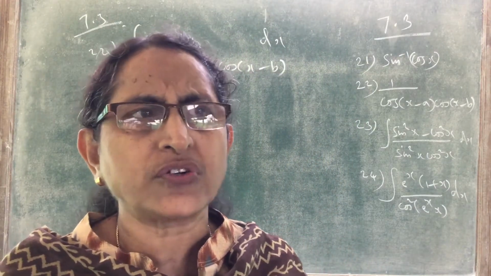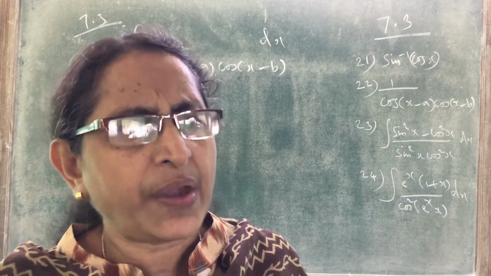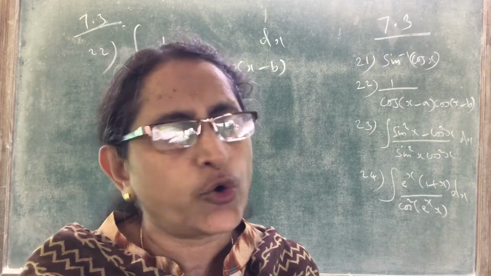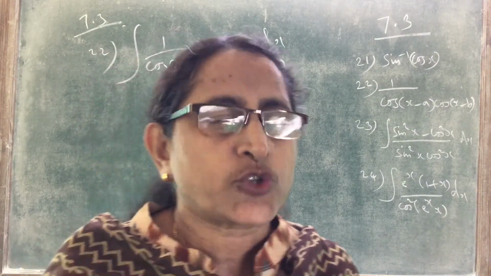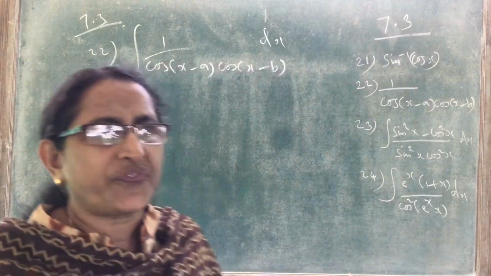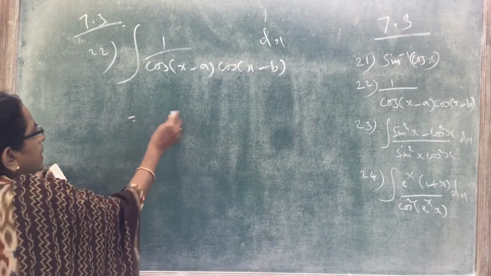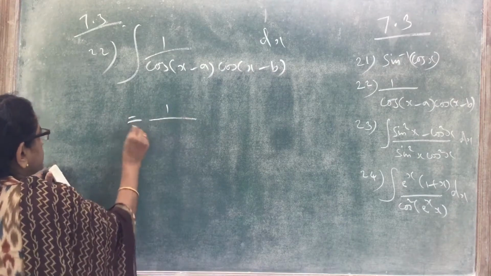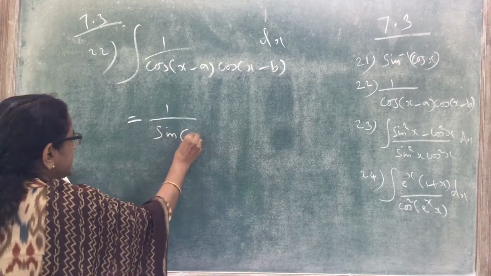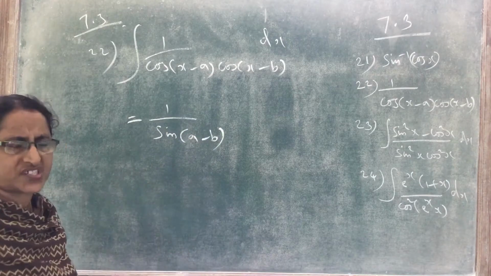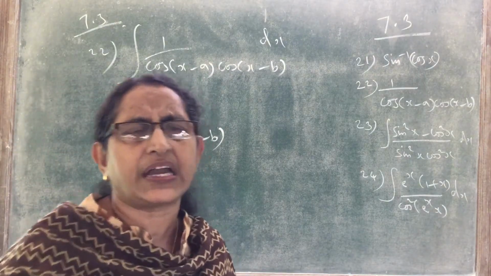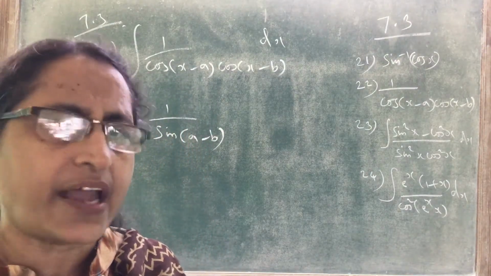Now here what we are going to do is multiply numerator and denominator by some number, so that there is no change in the function. We are going to multiply numerator and denominator by sin a minus b, which is a constant.